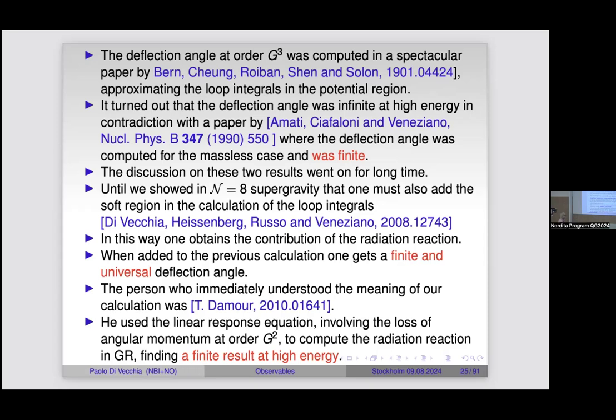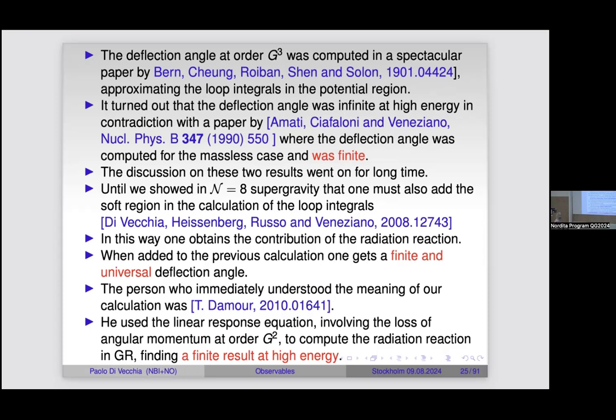And this was in contradiction with a paper by Amati, Ciafaloni, and Veneziano, where the deflection angle was computed in a massless case and was finite. And so there was an infinitely long discussion that lasted almost a year. Some people said that you cannot compare, other people that something was lacking in this calculation.